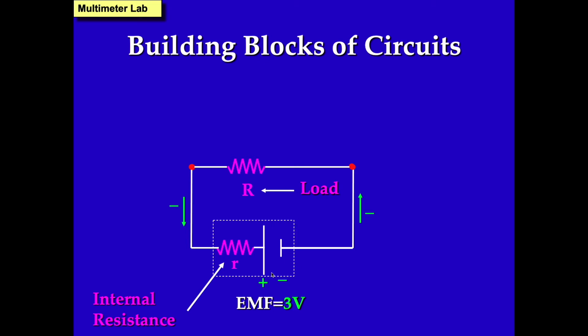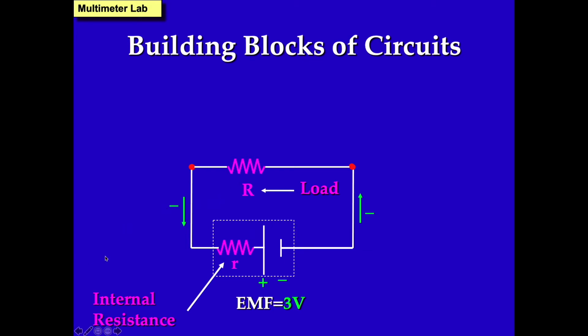For a battery, that internal resistance gets bigger as the battery gets older. As that gets bigger, the voltage across R gets smaller. And basically, if this R was a light bulb, the light bulb won't go on. And then you get rid of the battery. I should say you recycle the battery.